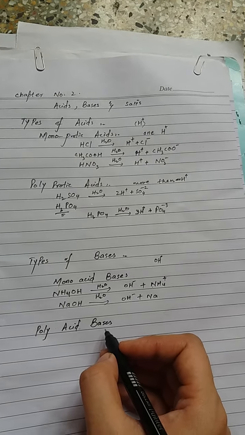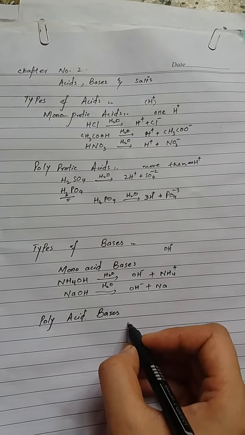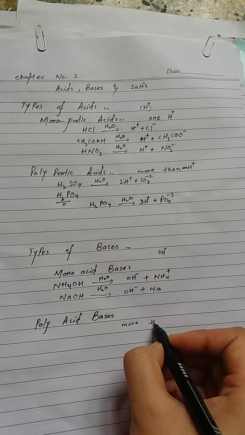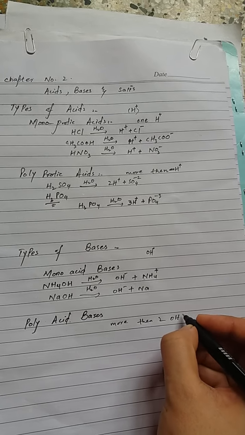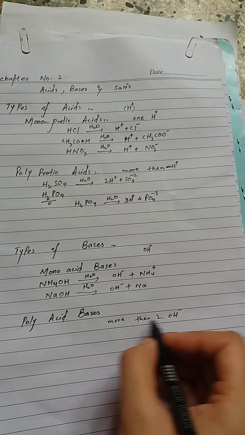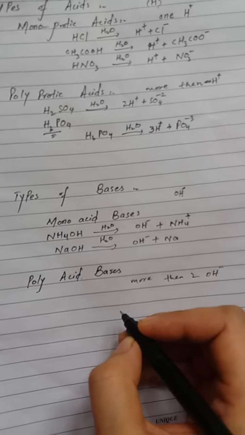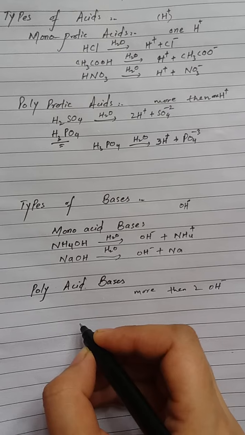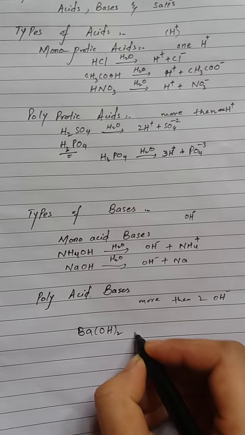Polyacid bases are those bases which produce more than one hydroxide ion when these bases are added to the water. For example, Ba(OH)2, barium hydroxide.